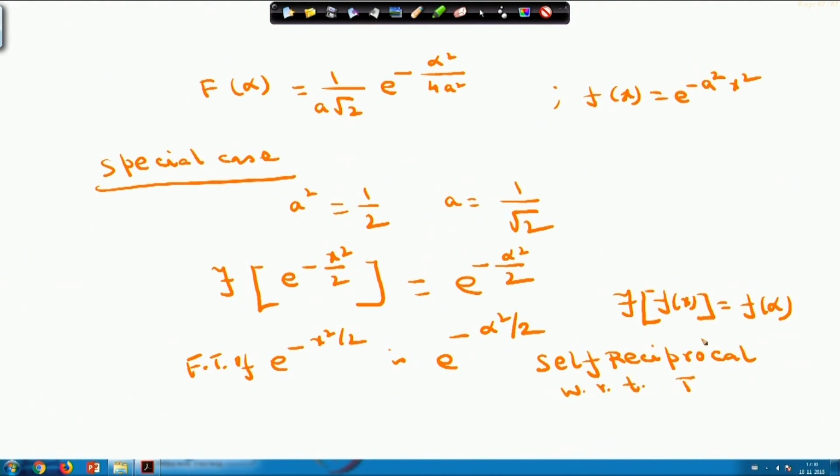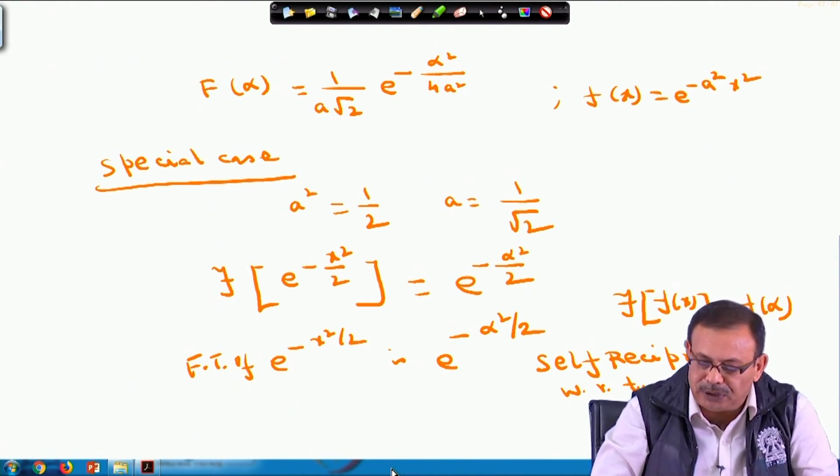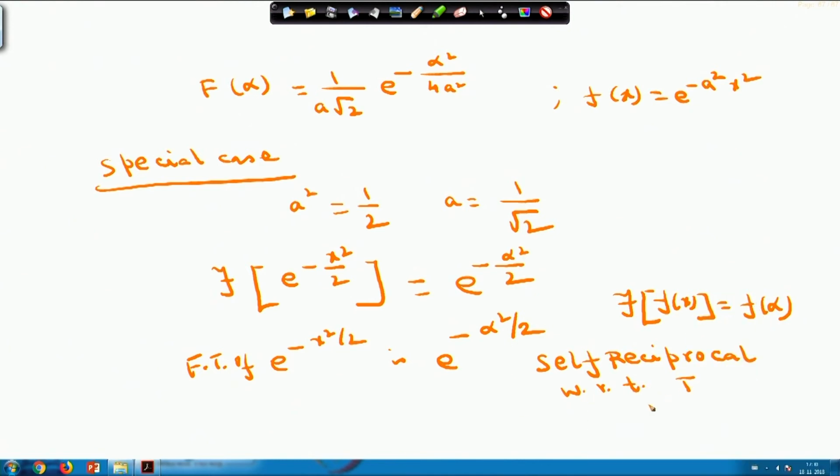So, if the transform of a function is the function itself, then the function f(x) is called the self reciprocal function with respect to whatever transformation we have done. For this particular problem, please check on your own that the Fourier cosine transform of e^(-x²/2) is equal to e^(-α²/2).